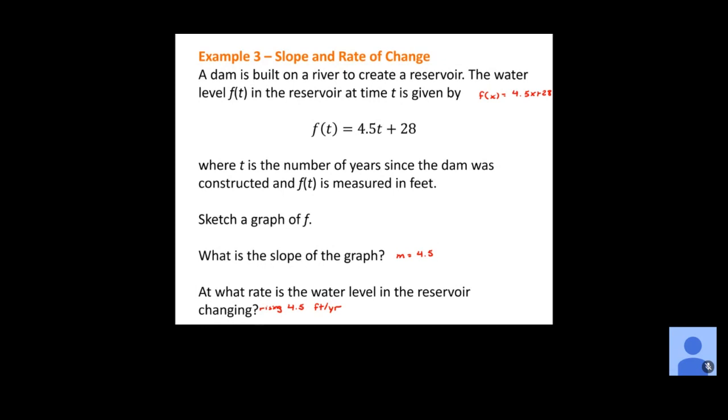Any questions on how we got that? As long as you have it as a positive 4.5, I would still give you credit. But just keep in mind, contextually, because it's positive, it's going up. And if it was negative, it would actually be going down. Those are important things to keep in mind.